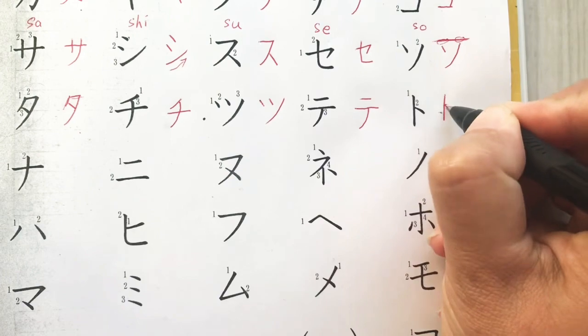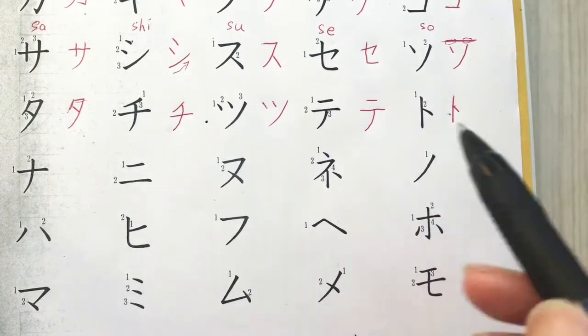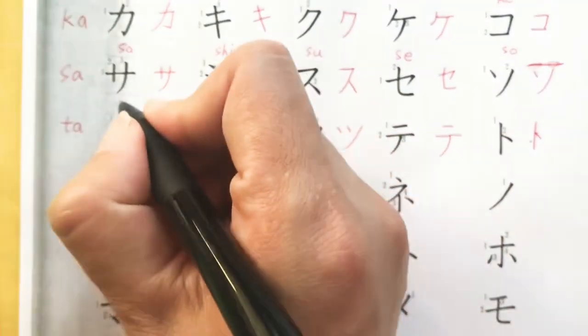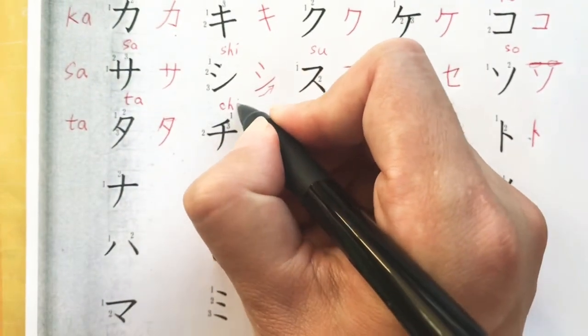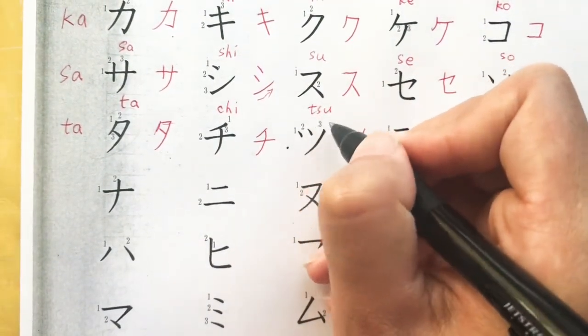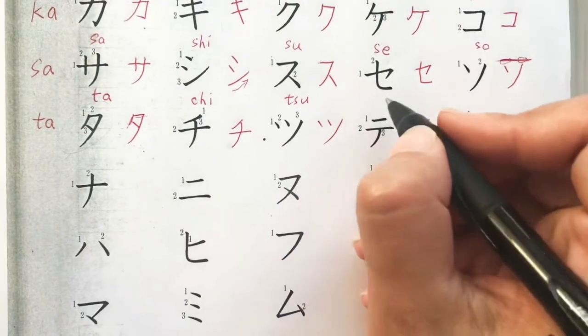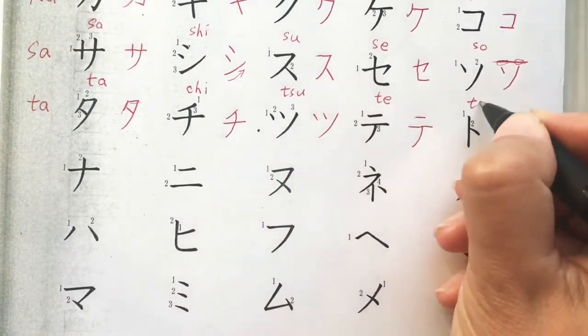First one, ta, then chi, then tsu. Next, te. Last one, to.